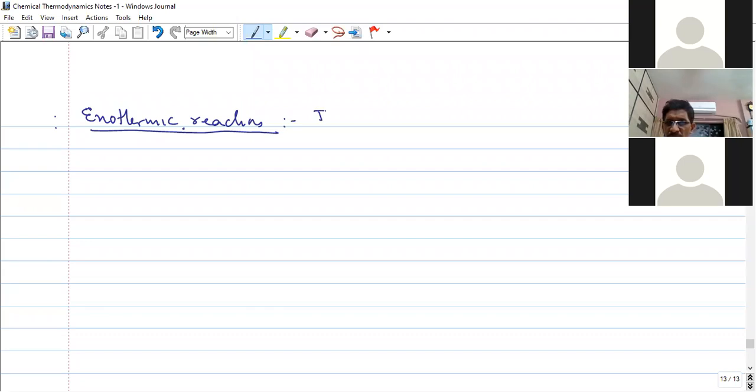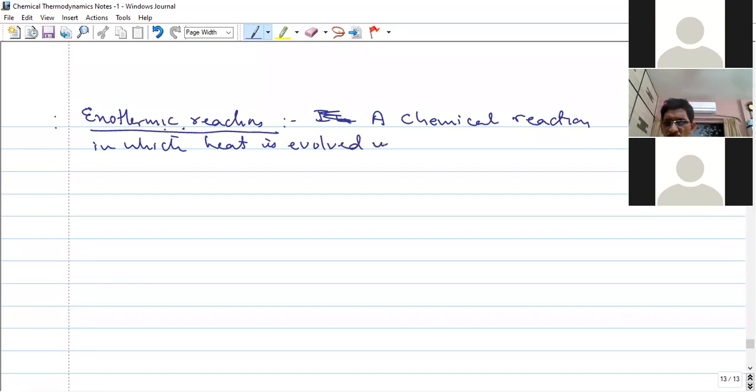A chemical reaction in which heat is evolved is called exothermic reaction.